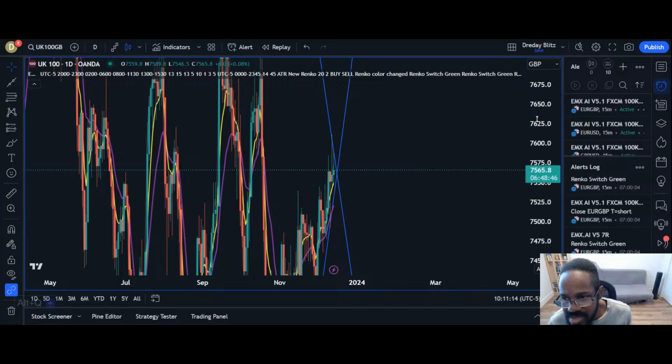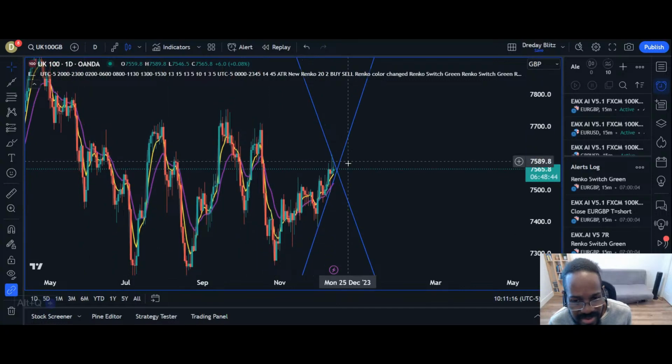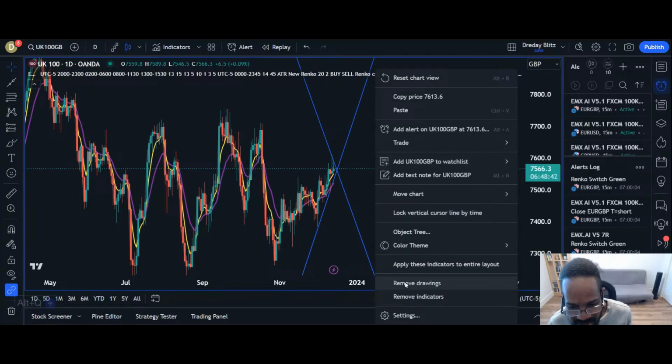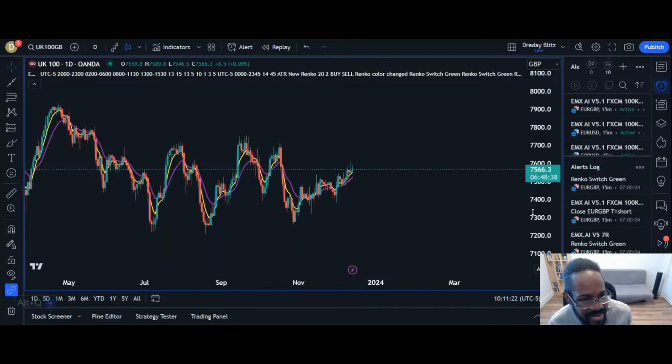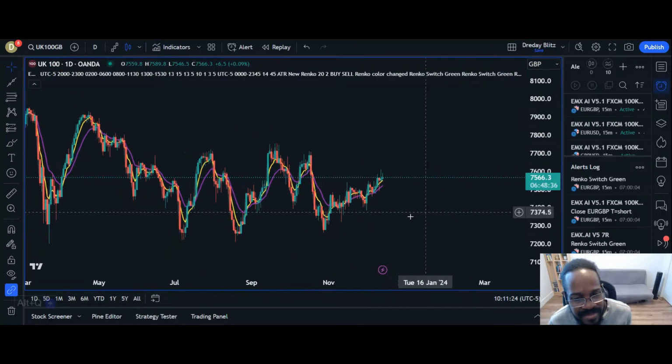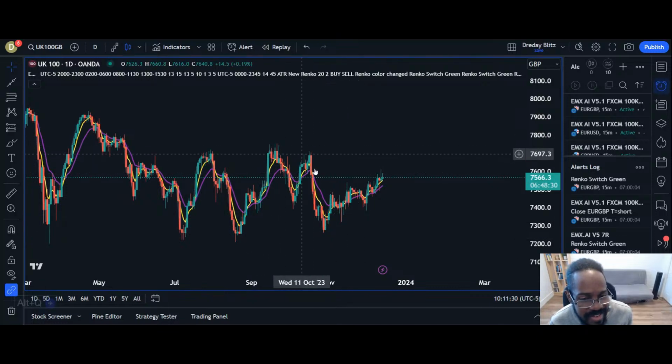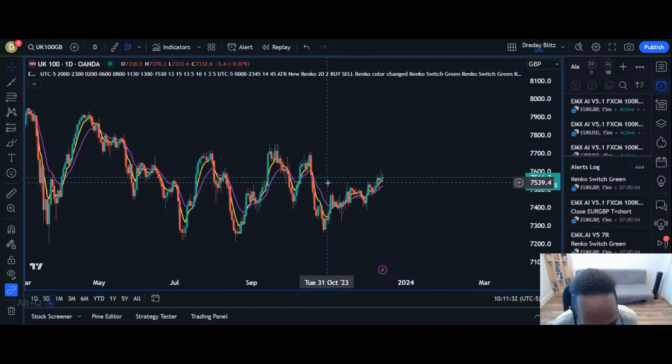You see what the daily is giving you. I'm just going to remove this. The daily is giving you a flag too. So it's giving you a flag. So it may start to reverse.